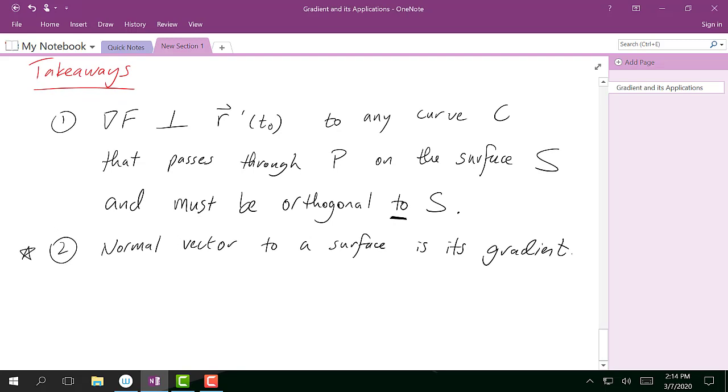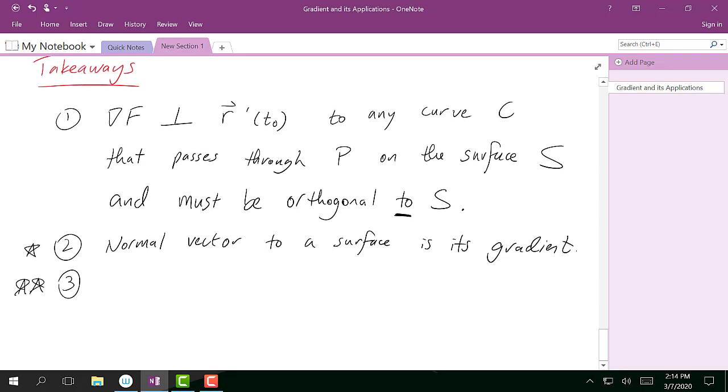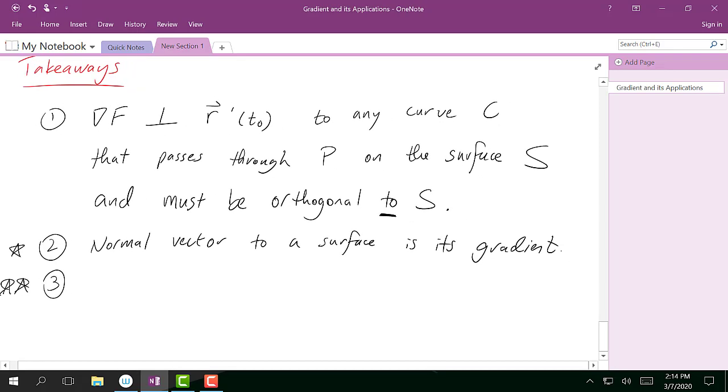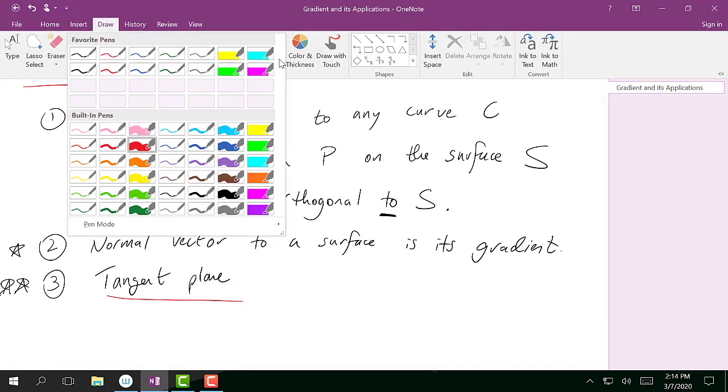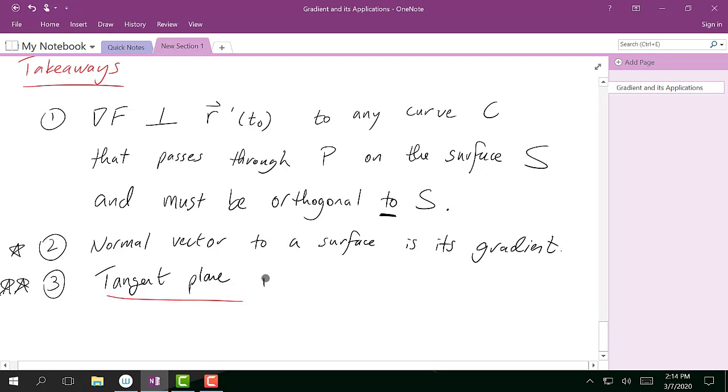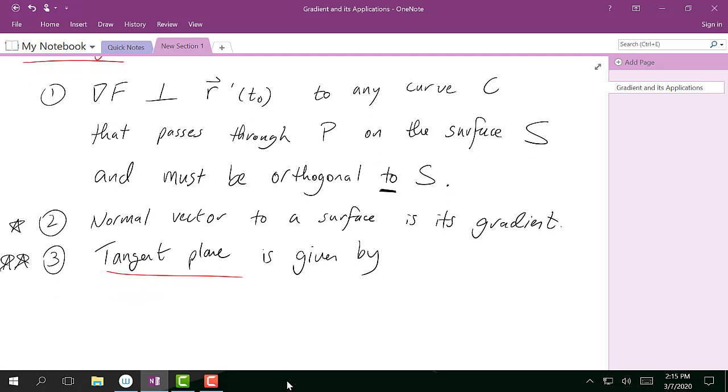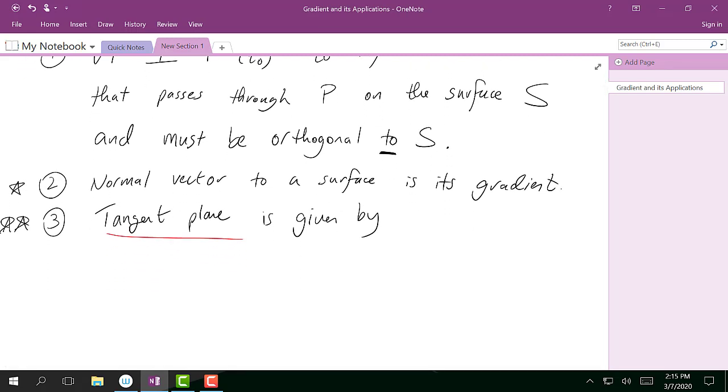So I might have been lying. I think actually the most important thing, so I'll give it 2 stars. First one doesn't get any stars, but it's okay. We get that the tangent plane equation is going to be given by what we have typically, a normal vector dotted with the vector of any point on the plane.